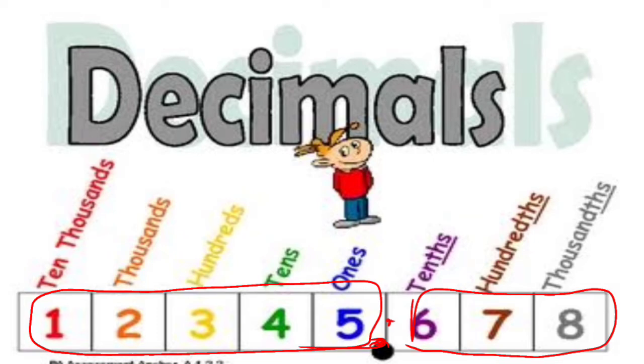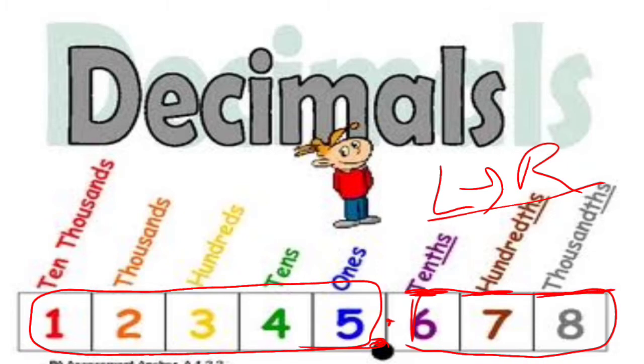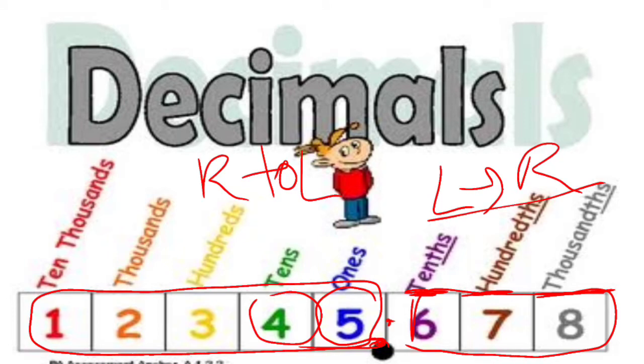I already told you, left to right increases the order, like tens, then hundreds, and then thousands. And this side from right to left increases the order: 5 is the ones place, 4 is the tens place, 3 is the hundreds place, and thousands place, and 10,000s place. So this is our decimal number system place value chart. You have to keep this chart in mind.